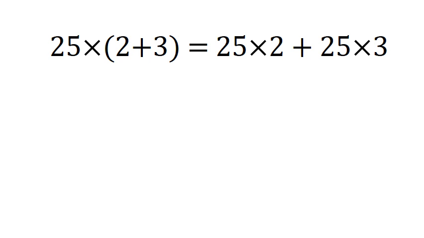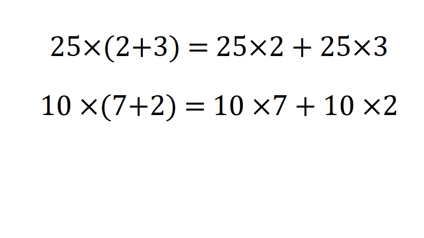We can say that 25 times (2 plus 3) is nothing but 25 times 2 plus 25 times 3. I will multiply 25 by the first term, which is 2, plus 25 by the other term, which is 3. This is the property of distributing multiplication on addition.